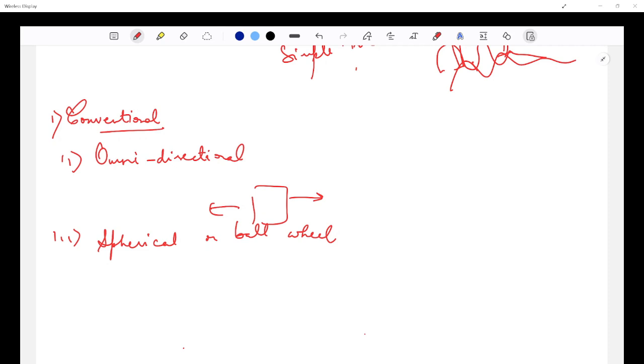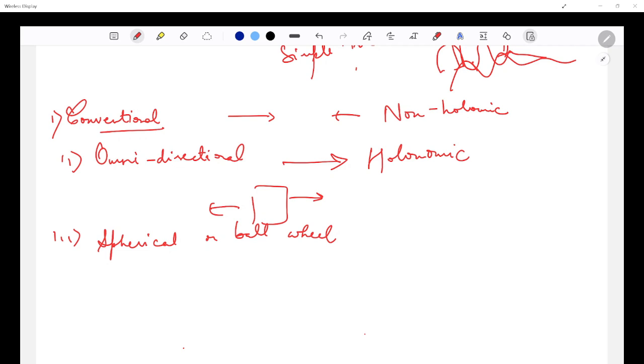Okay. So now I want you to remember one very important idea. All the conventional wheels which cannot move laterally are non-holonomic wheels, and omni wheels have more freedom, they are holonomic.